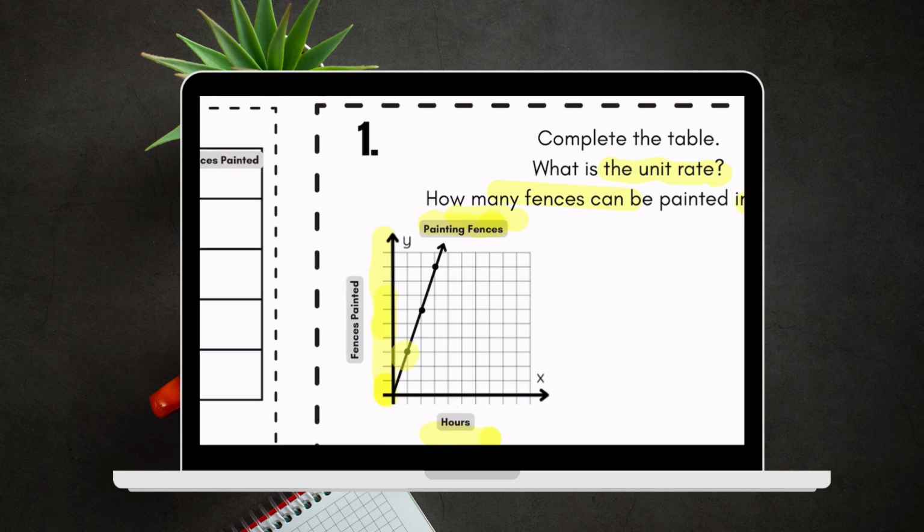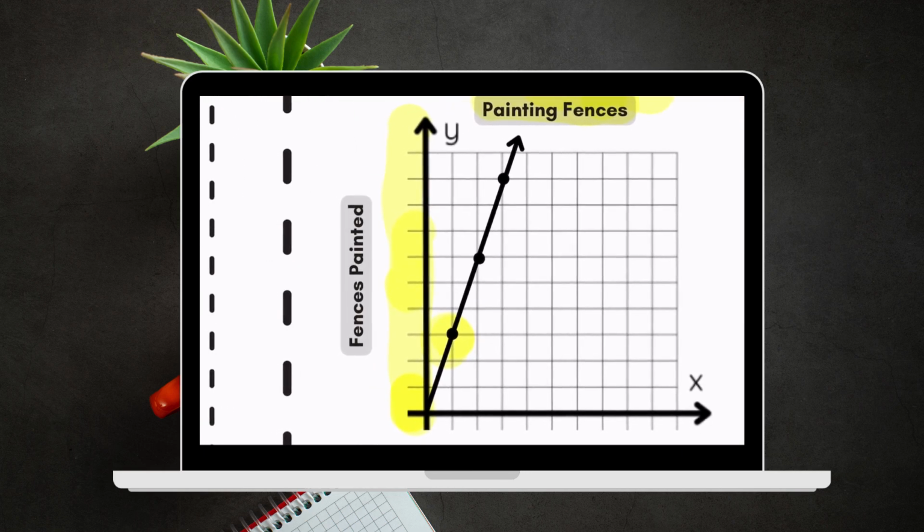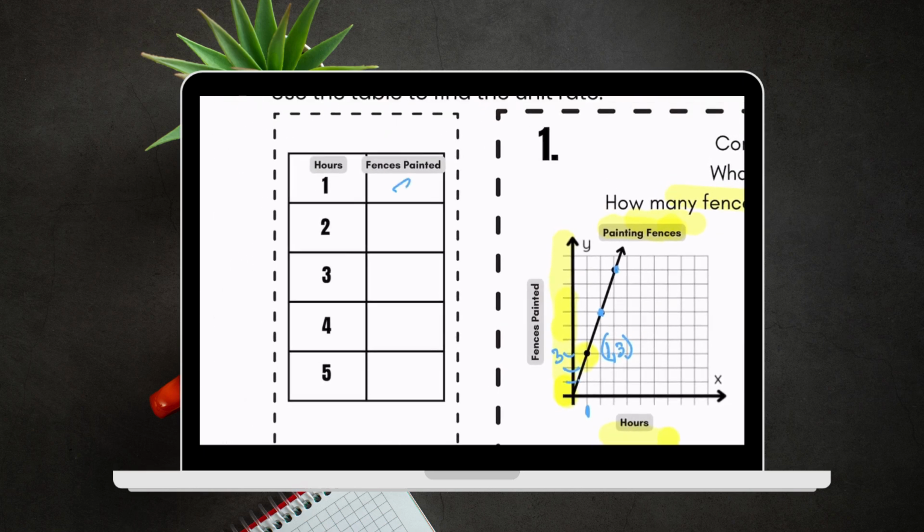So we're going to start here at our first point on our graph, and we can see that in 1 hour I would paint 1, 2, 3 fences. Okay, let's identify all 3 of these points. So the first one is that in 1 hour it would be 3 fences, and that's what we're going to put in our table.